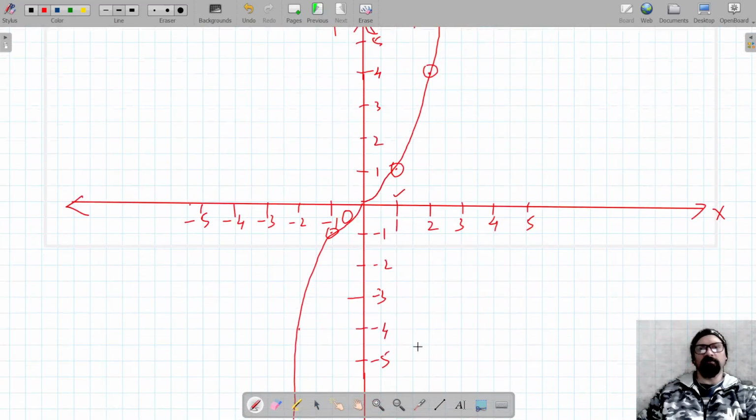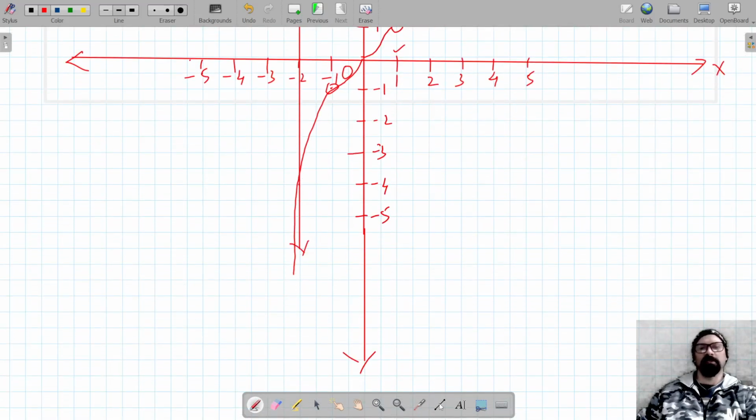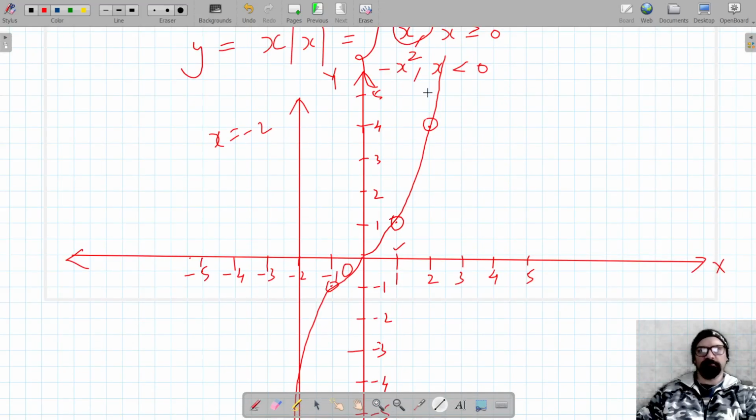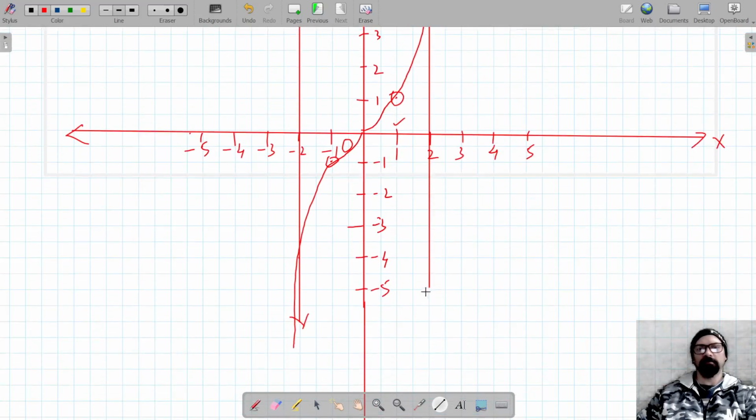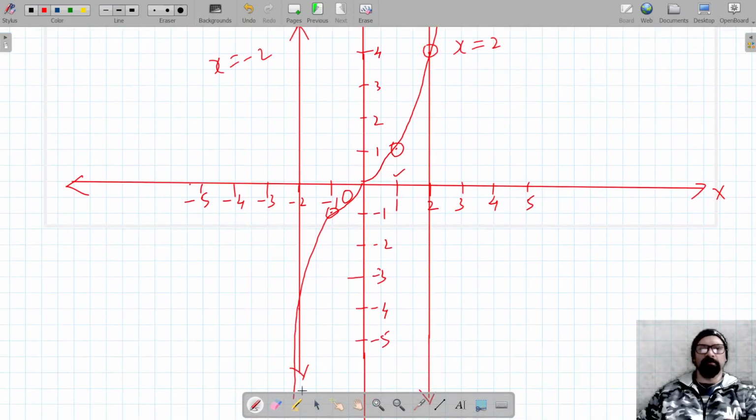So x is equal to -2 is the line, this one, and this is x is equal to 2. Okay, now our concern, the shaded area, is this one.